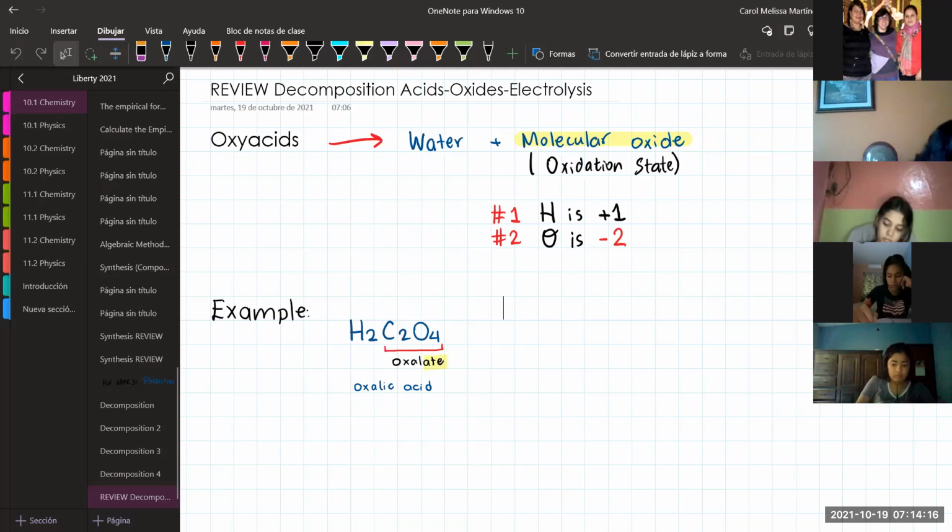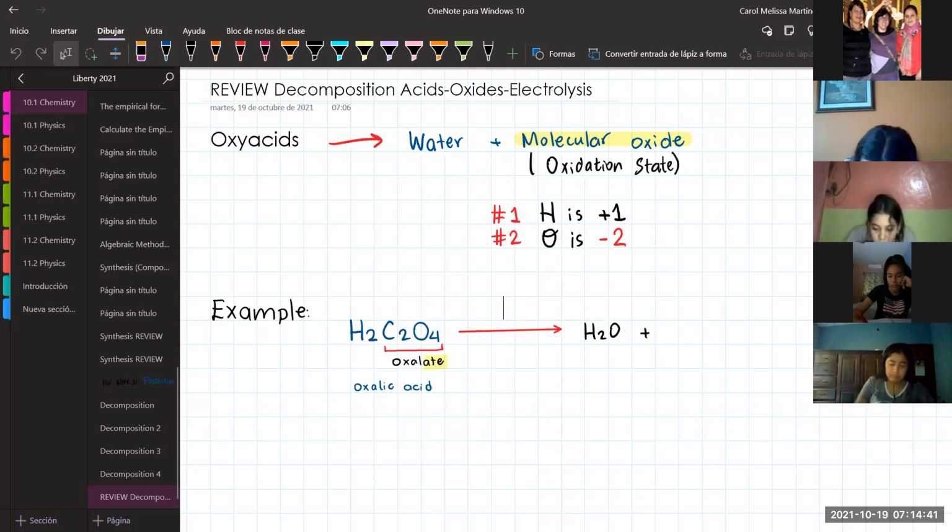So what is going to result from here? The rule says oxyacids, and it is an oxyacid because it has oxygen, so we can apply the rule. It says water, pretty simple, and a molecular oxide.